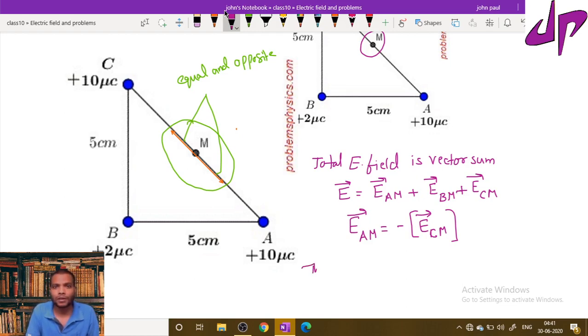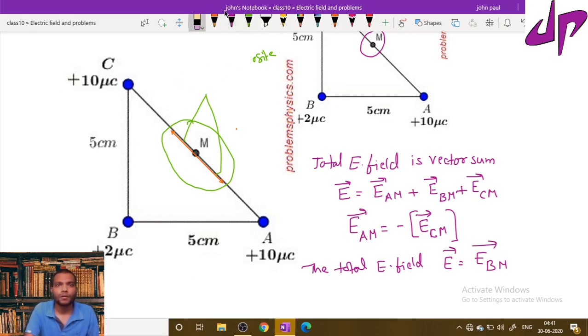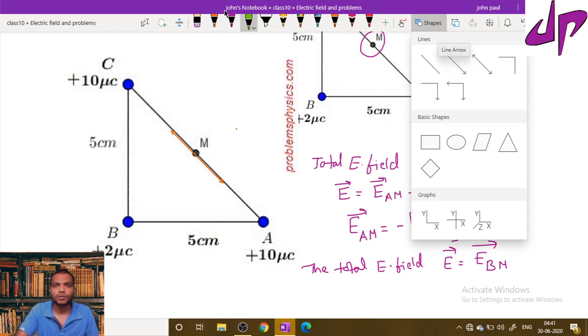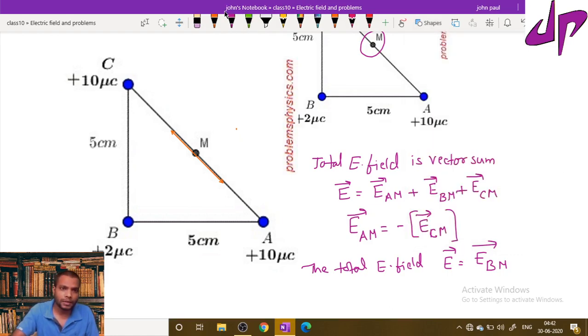So the resultant, the total electric field E, equals only the electric field due to charge B at M. Now, if you draw the electric field due to charge B at M, and if this is the distance from B to M, the electric field direction at M looks like this.